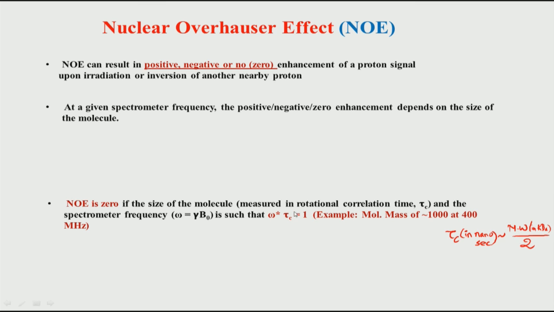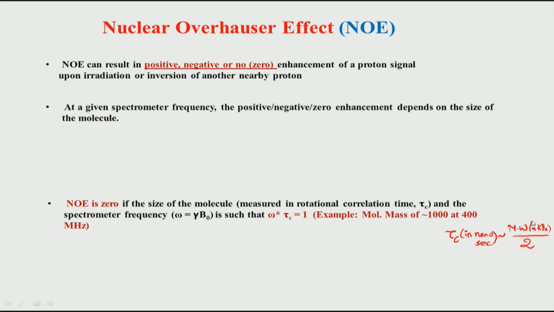Remember, tau c is a tumbling rate, which gives you the rate of tumbling of the molecule. Tumbling means rotation and rotational diffusion. Now, that aspect very much depends on temperature. If I reduce the temperature of my sample, obviously my tumbling will slow down, because the viscosity of the sample will go up, and therefore tau c will increase, because the molecule behaves as a heavier molecule.